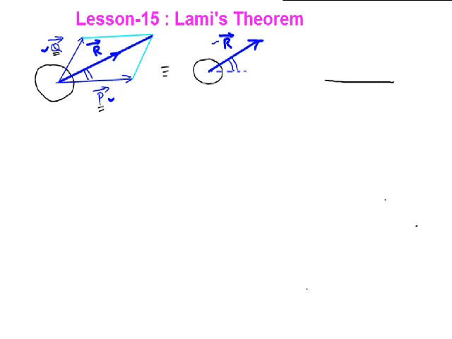You have a force P bar, and then from the head of P bar you draw a force Q bar, and then you form the closing side. This closing side will be the resultant of the two forces P bar and Q bar.